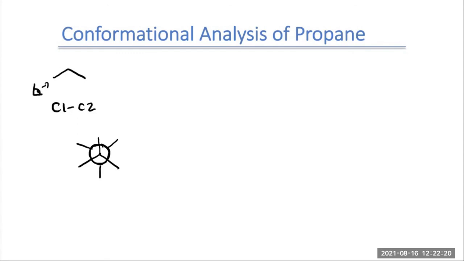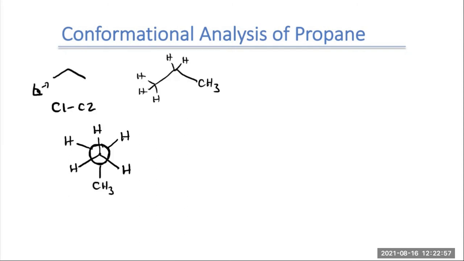Now, C1, if you think about propane, draw a little bigger, has 3 hydrogens. C2 has 2 hydrogens and a methyl. So we're going to have to add all of these groups there. That front one gets 3 hydrogens on it. The back one, we have 2 hydrogens, and now I'll just draw CH3 for that methyl group.